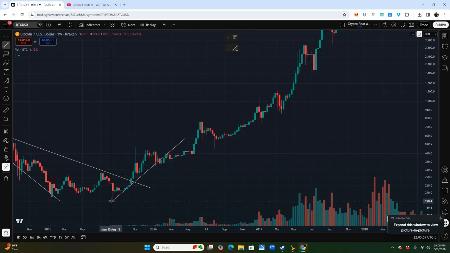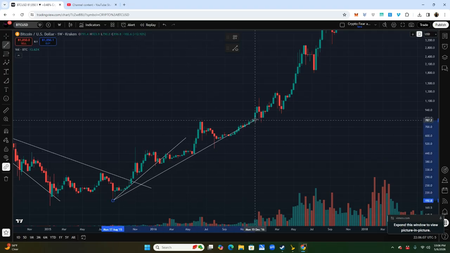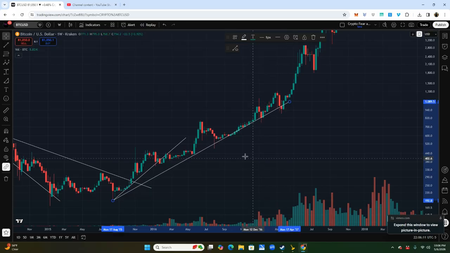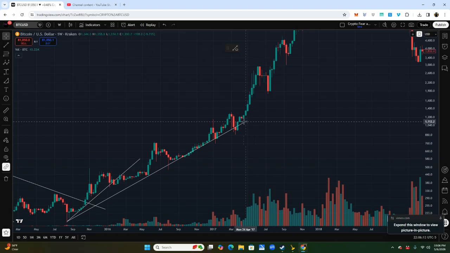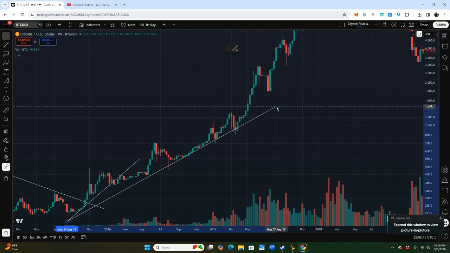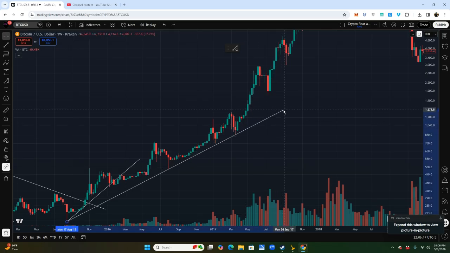And then you would draw another trend line once price went up again and say, okay, here's another trend line. It's kind of just riding that trend line. You might even draw it on the wick here. You got a wick touch, a touch, a touch.